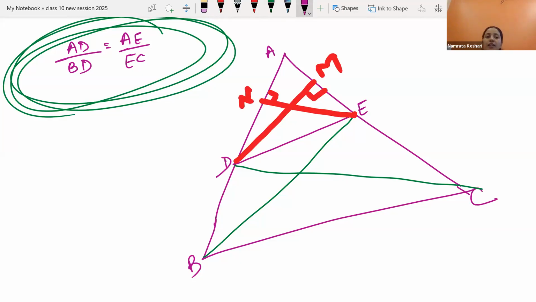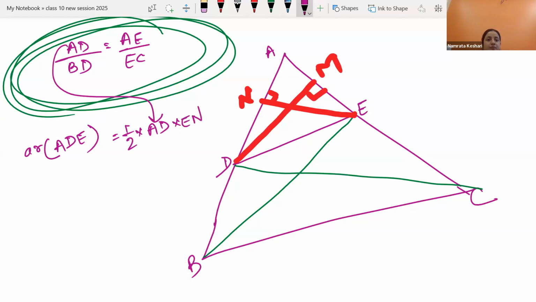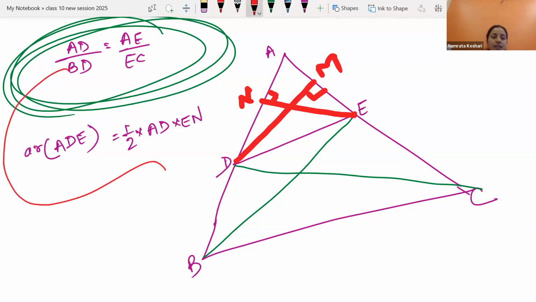So first you are finding the area of the triangle ADE. Why ADE? Because AD must come: 1 by 2 into AD into the height. Height on AD, focus on the figure, is EN. Now the next triangle area will come from BD, so BDE.